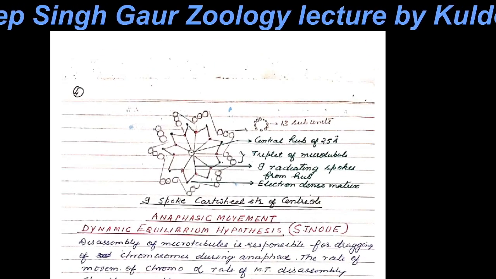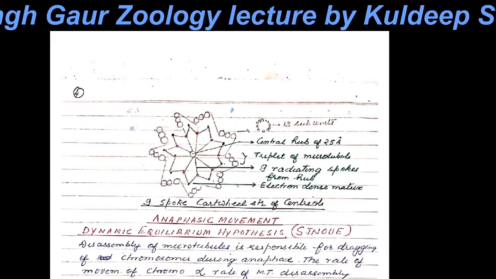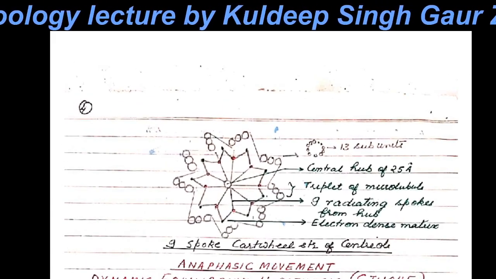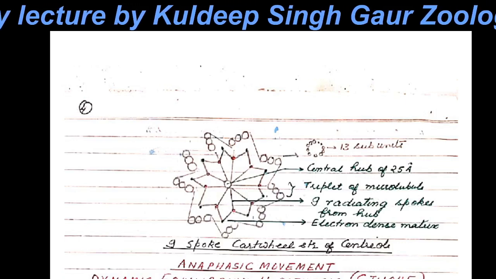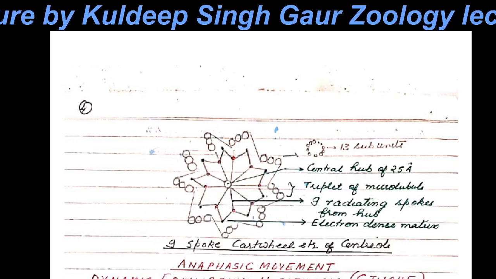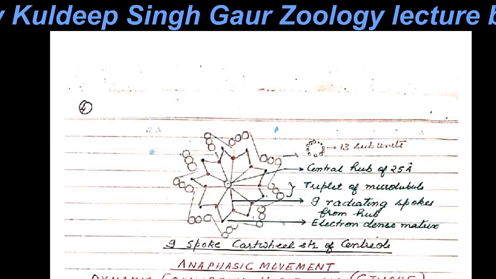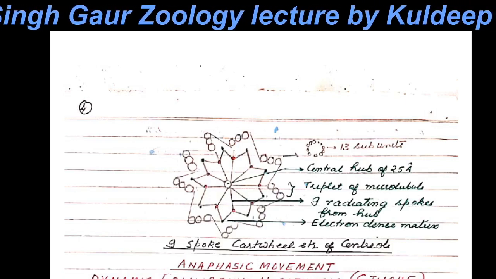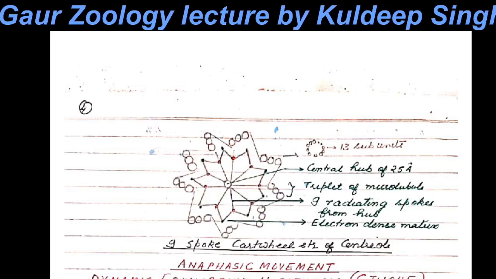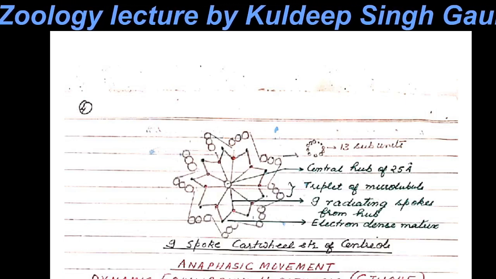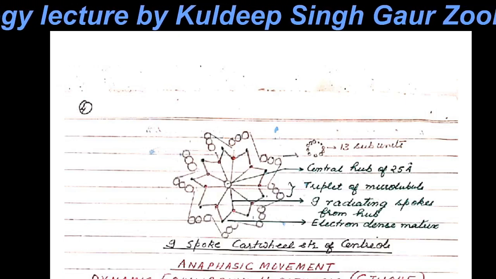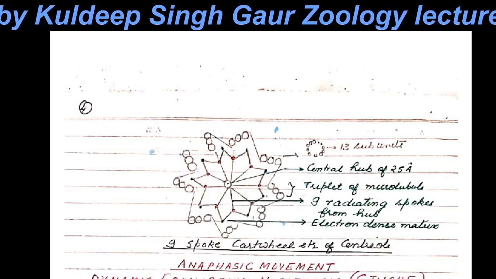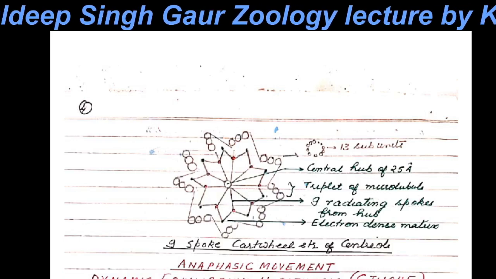Now just see this structure. This is the cartwheel structure of centriole, and you can view the triplets of microtubules, and these triplets are made up of 13 protofilaments, and 9 triplets are arranged at the periphery, and 9 radiating spokes arise from the central hub.